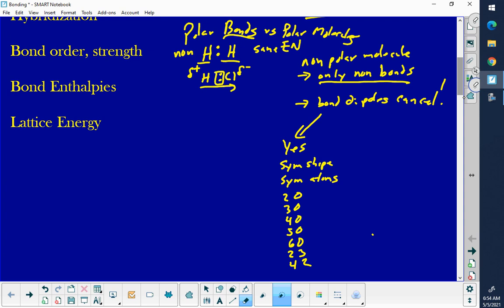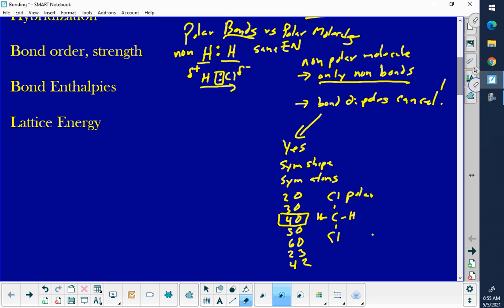Now, what do I mean by symmetric atoms? So let's say I have something like methane, right? Here's methane. You have 4 identical polar bonds, and they're arranged in a tetrahedral, so they will cancel, and this will be nonpolar. However, if I have 2 chlorides in here, now all of a sudden I don't have the same 4 atoms around, so this thing is polar.